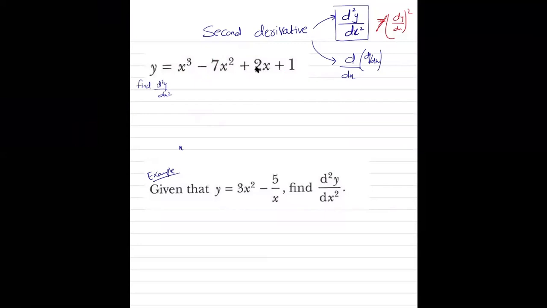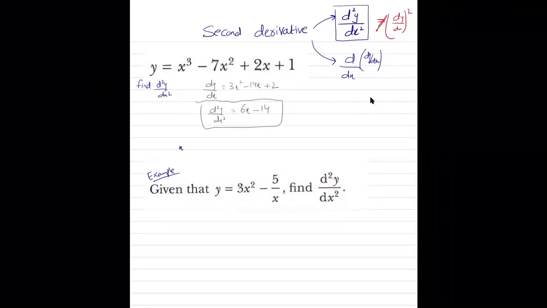To find the second derivative, I have to first find dy by dx, the first derivative. So the first derivative of this expression is going to be 3x square minus 14x plus 2. And the second derivative is going to be, I'm going to differentiate this expression again. So that is going to be 6x minus 14.